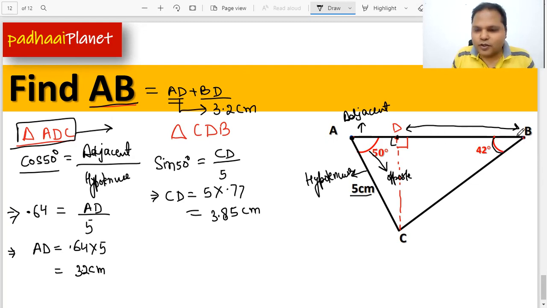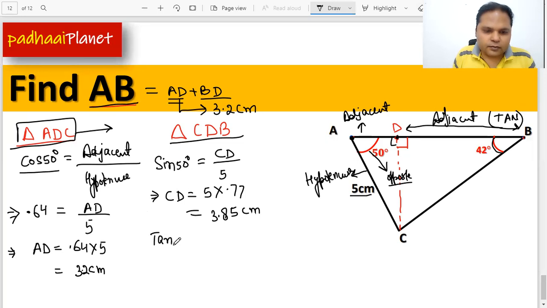Now we have got CD and we have this angle also. All we need to do is just find out BD. And this is opposite here and this is adjacent. That means we are going to use the tan ratio here, correct? So in this particular triangle, tan 42 degrees is opposite over adjacent.